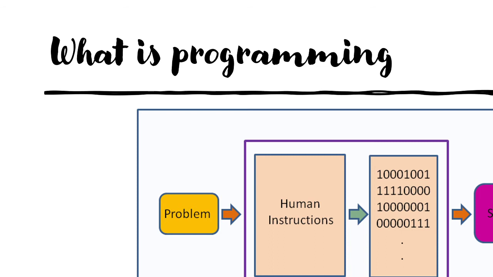The task can be as simple as printing hello world on the screen, or as complex as launching a space shuttle to the moon. But everything that a computer understands is in terms of ones and zeros, and writing instructions for a computer is what we call programming. And believe me, it's a lot of fun.